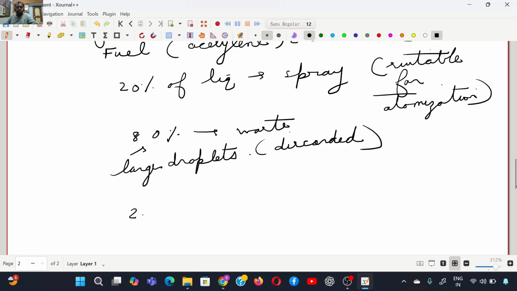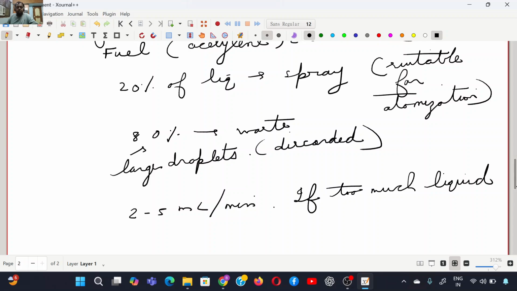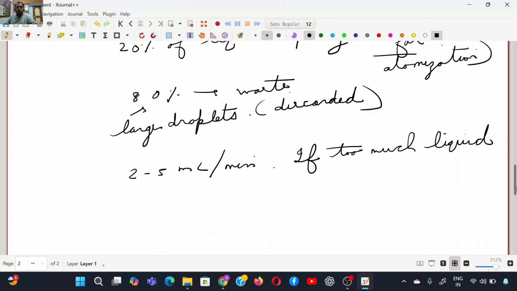The flow rate is typically 2 to 5 ml per minute. If too much liquid enters, the flame can be extinguished. So that is something that you have to be aware of. If too much liquid enters, the flame can be extinguished.